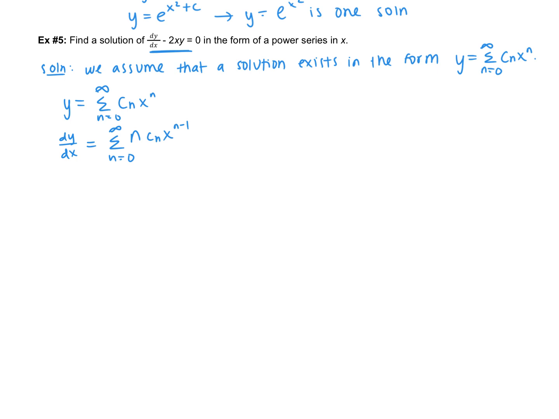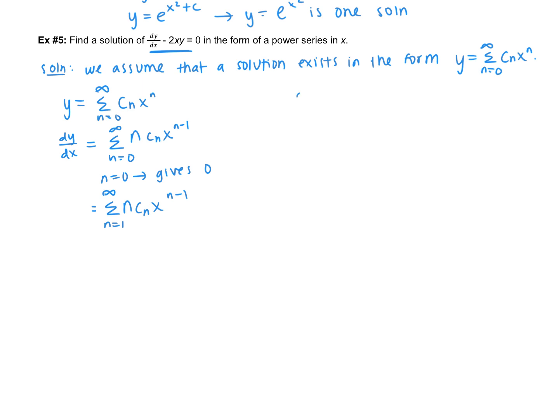Now what we notice, though, is that n equals 0 gives us 0. So really, we're going to start that summation at n equals 1, because that is the first non-zero term.